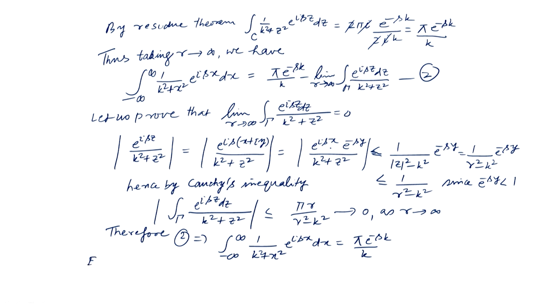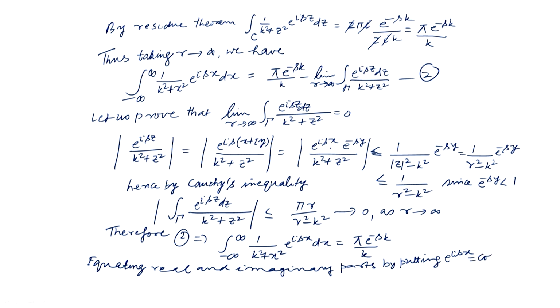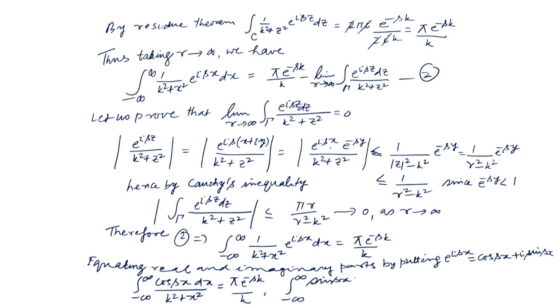So, we get the integral from minus infinity to infinity of cos sx over k squared plus x squared dx equal to pi e to the power minus sk divided by k, while the integral from minus infinity to infinity of sin sx divided by k squared plus x squared dx equals 0.